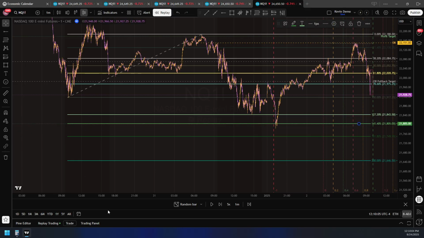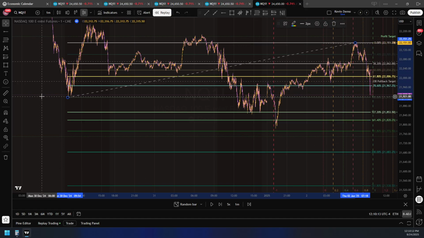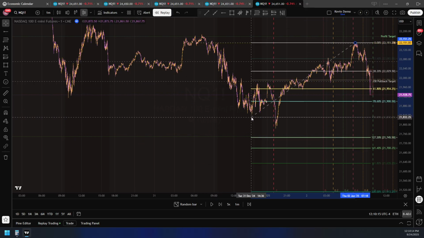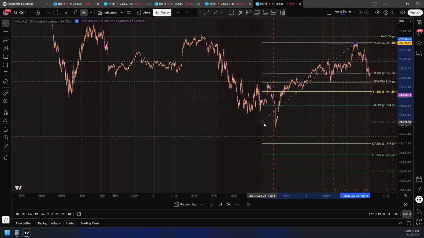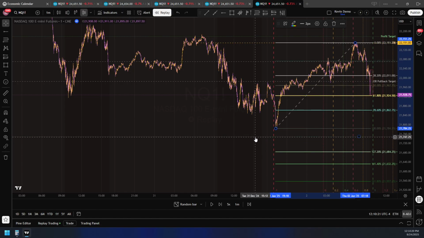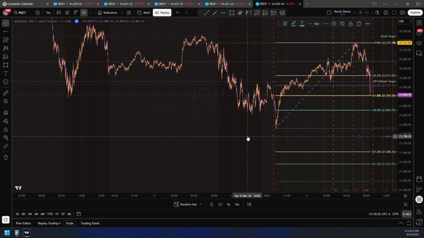So this one did hit right there. That one got hit. This one did not. The extended target. Okay. So I want to see from this swing high to this cash session swing low. That's also a target. And from this swing low. Okay.